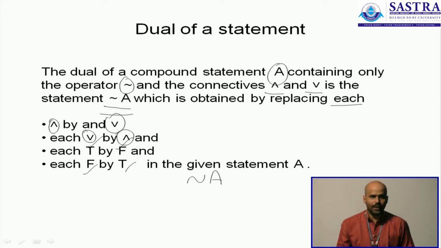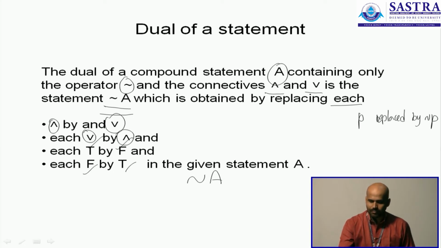That's the dual. Now one word of caution: we never flip the statements as they are. So if you have a statement P as a part of your compound statement A, you will not replace it by tilde P. That's wrong. We don't do that.